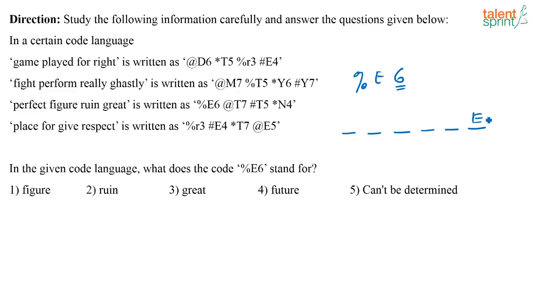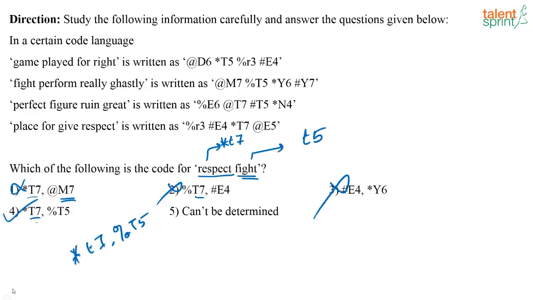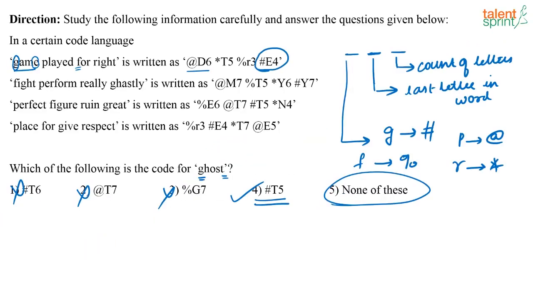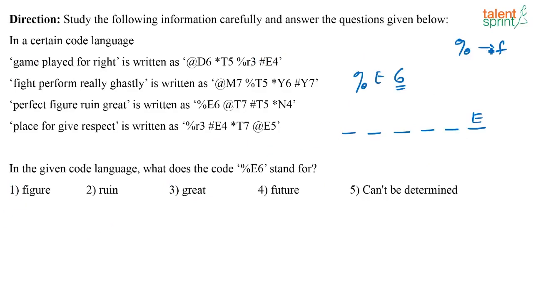Since you have percentage, the first letter is going to be F. We already found out here that F stands for percentage. Now what will come in between? It can be future or it can be figure. I'm not sure. So the correct answer for this will be cannot be determined from the given information. I cannot say what percentage E6 stands for. Yes, very easy question it is. Answer is can't be determined.